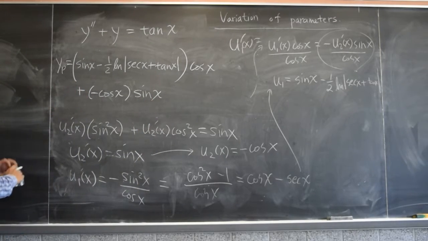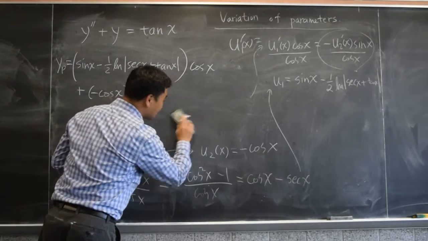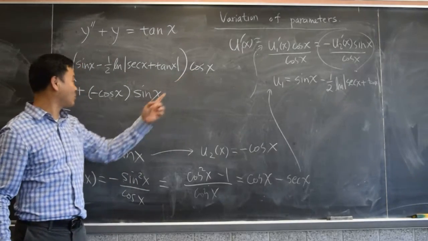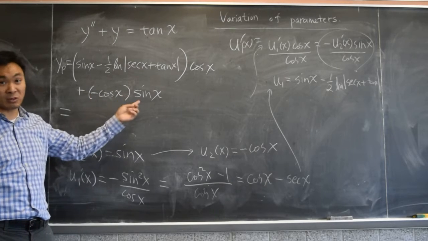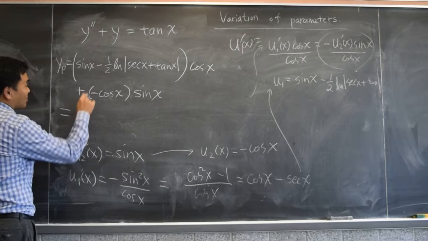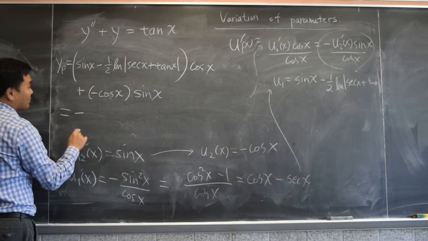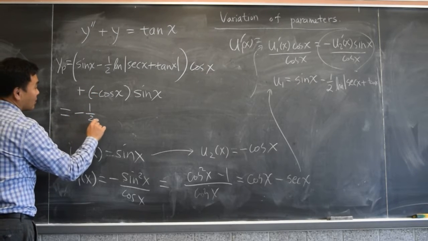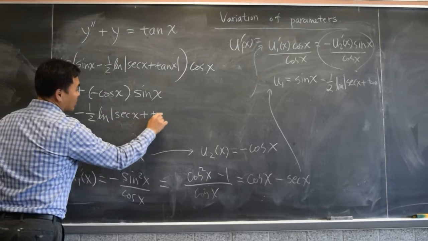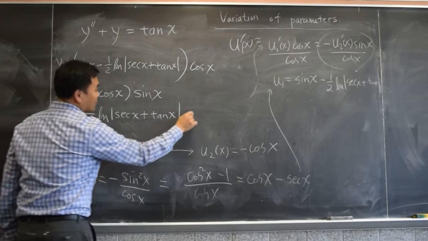Oh, and this is just a pure coincidence. If you multiply sine x times cosine x, you see that this is cosine x and negative cosine x times sine x. So at the end of the day, you see that these two cancel, and the simplified version is negative 1/2 ln of secant of x plus tangent of x times cosine x.